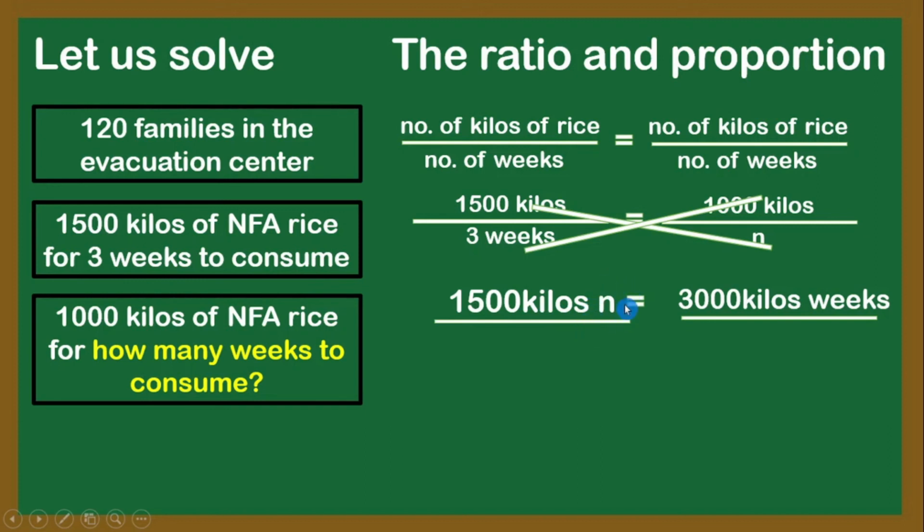We have to eliminate the 1,500 kilos kasi ang gusto lang natin maiwan ay yung n. At itong n ang ating isosolve. So we will divide both sides by 1,500 kilos. We divide also the 3,000 kilos weeks by 1,500 kilos. 1,500 kilos divided by 1,500 kilos is equal to 1.